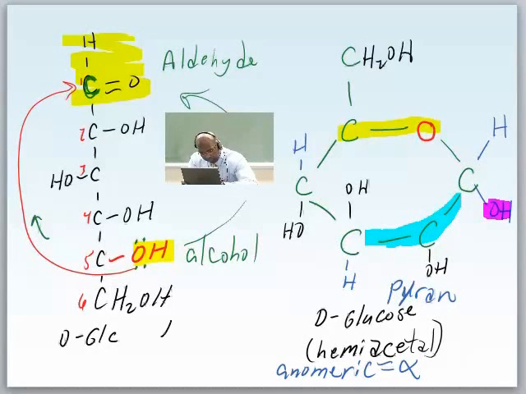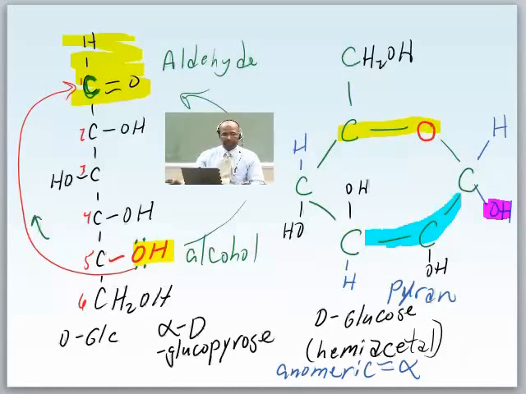Simple. Make sense? So this is alpha D glucopyranose. We call it a pyranose because it looks like pyran. Does that make sense? Excellent.